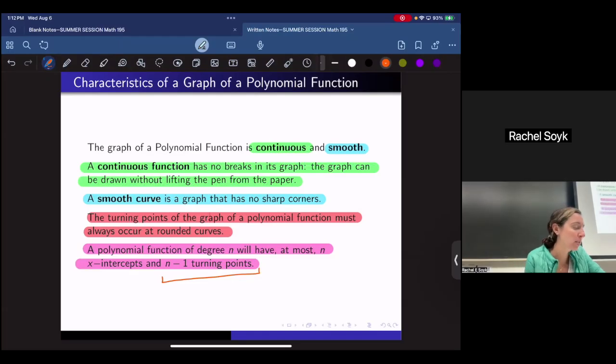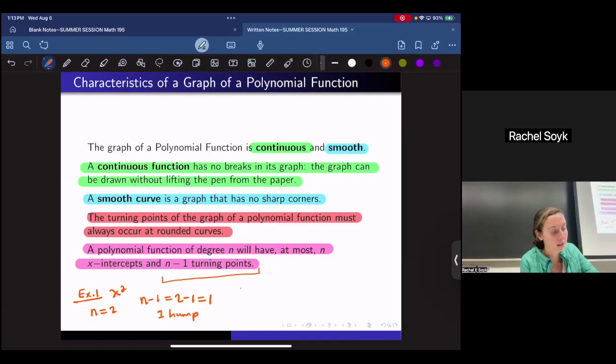The n minus 1 turning points also really helps with determining how many humps you have. So for example, if you have a quadratic function x squared, your n value is 2 here. And so n minus 1 is 2 minus 1, which is 1. And that tells us that we have one hump or bump, whatever you want to call it. And that's correct, right? Quadratic functions have that one bump.